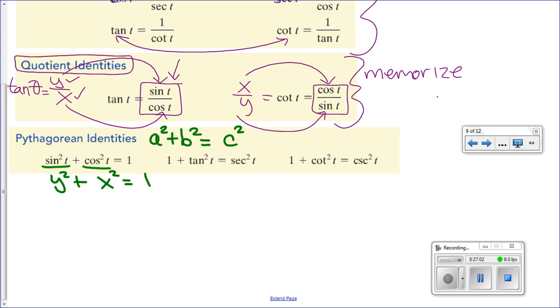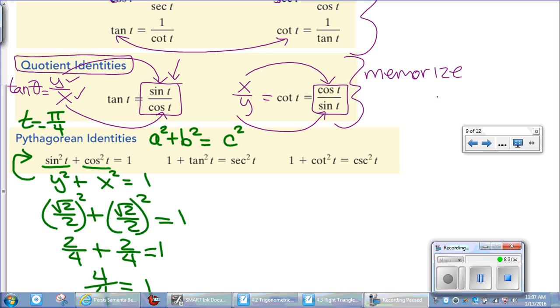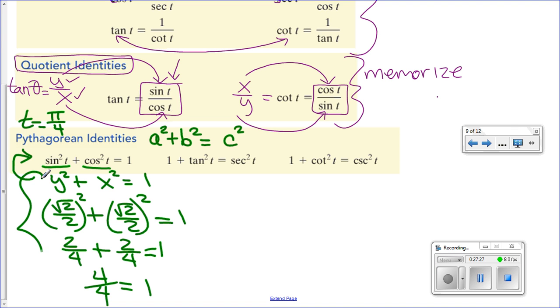So now the Pythagorean identity right here, it's got to come from the equation for the unit circle. Now, for example, let's take the angle. Okay, so this is a little proof of the Pythagorean identity, how we get it.